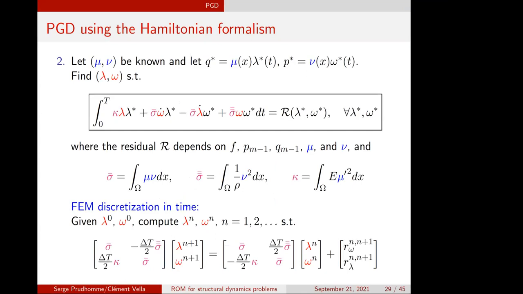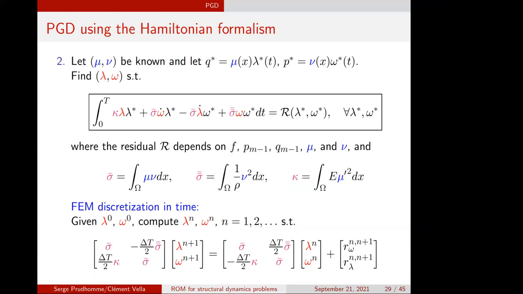And once we have the modes in space, we look at the modes in time, doing the same thing. And what we observe is that we have terms like sigma comparable to the mass matrix, except that now we also have one integral without the density and one integral where it's 1 over rho, rather than what we had before, rho mu v. In that case, we can also use discretization in time to solve this problem.